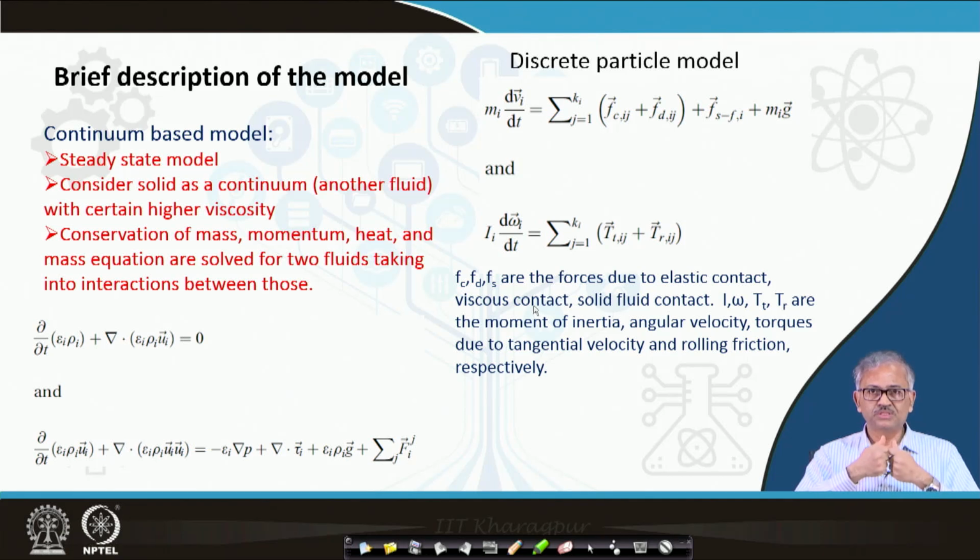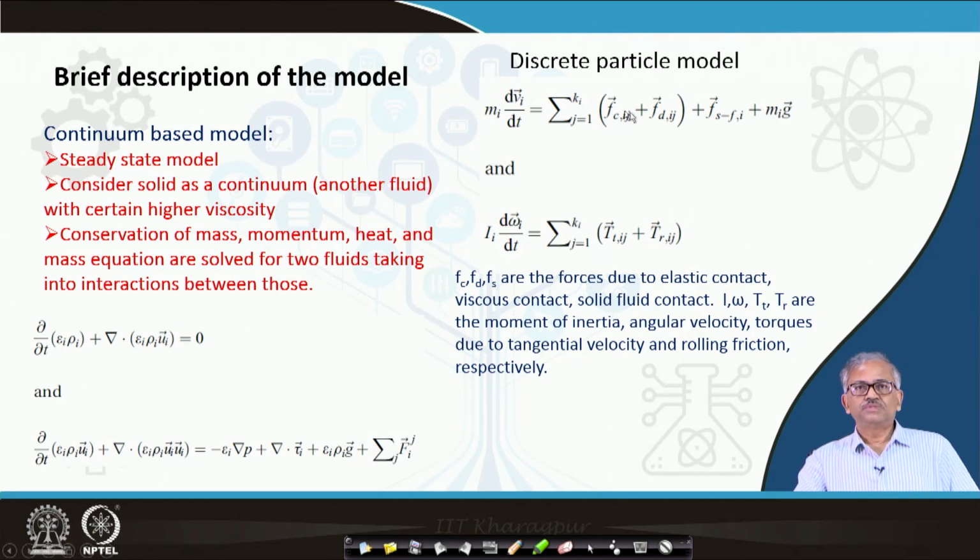If you have some viscous resistance, frictional loss basically, that is by the viscous contact, okay. And the solid fluid contact is another drag force. So drag force, viscous damping force and the elastic force, these are the summation of the forces, plus the gravity force, okay. That will basically dictate how the particle will accelerate, okay.